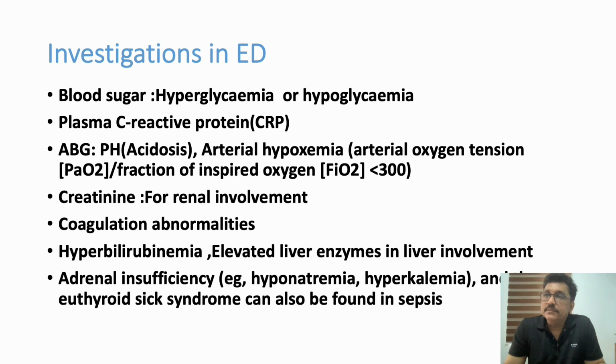And in some infections due to sepsis and hypoperfusion, creatinine can be elevated. Severe hypotension and shock can induce pre-renal failure, so urea also will be elevated. So the urea and creatinine values indicate renal involvement, whether it is pre-renal or renal. Renal involvement will be confirmed by creatinine and urea.